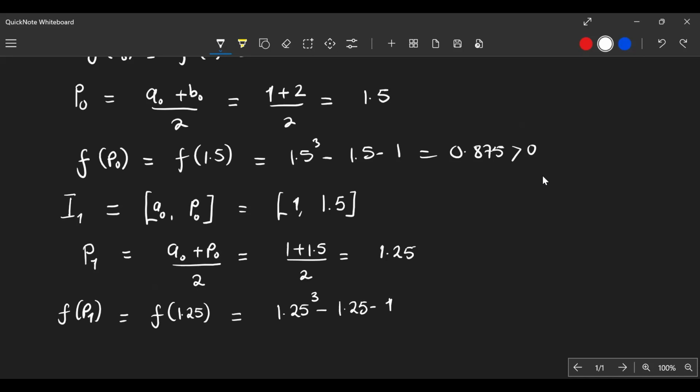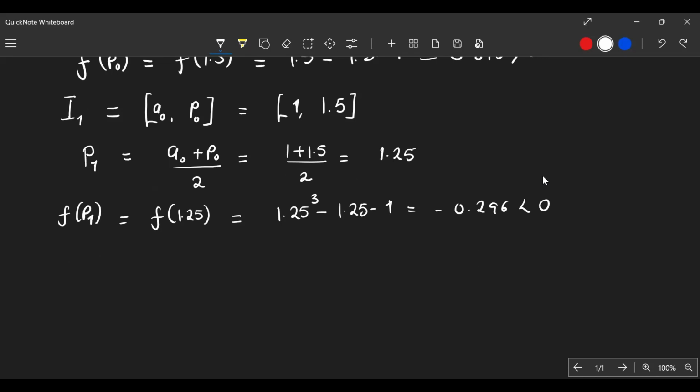I'm going to find how much that one is. This gives me about negative 0.296, and this is less than 0. So what's the meaning of this? My new interval will be my I2.